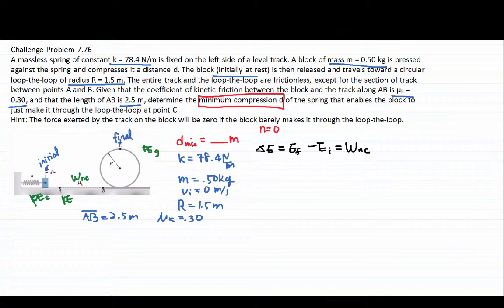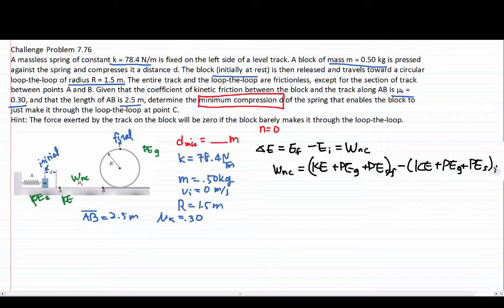So I'm going to write kinetic energy plus potential energy due to gravity plus potential energy spring final, minus kinetic energy, potential energy due to gravity and potential energy due to spring initial.